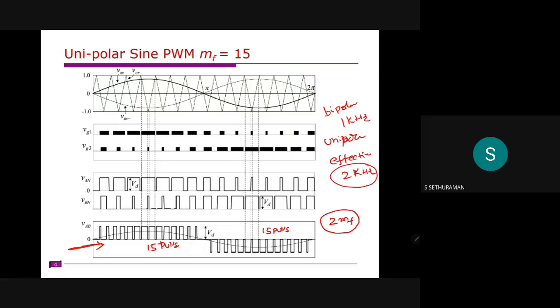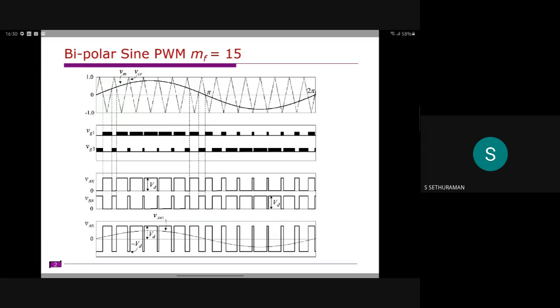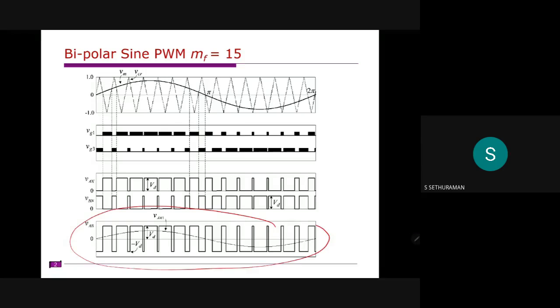So in case of bipolar, if you sum all these, this is 15 pulses. So the switching frequency, that means each switch, you have 4 switches, so each switch is operated how many times?